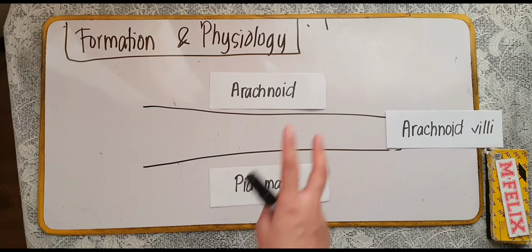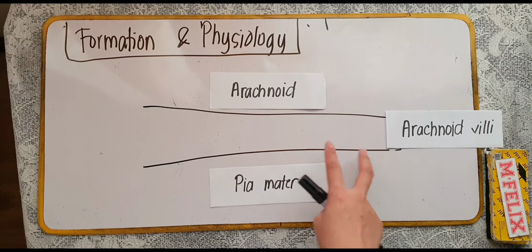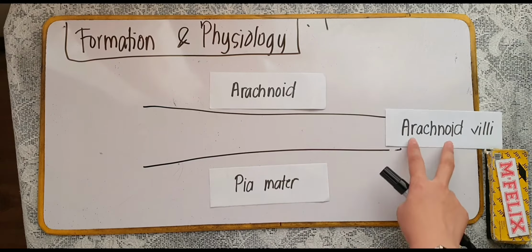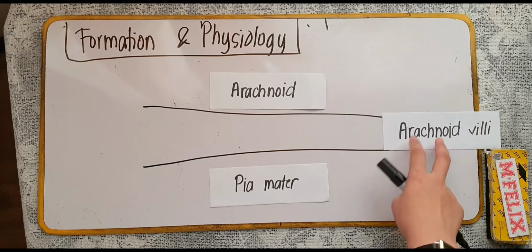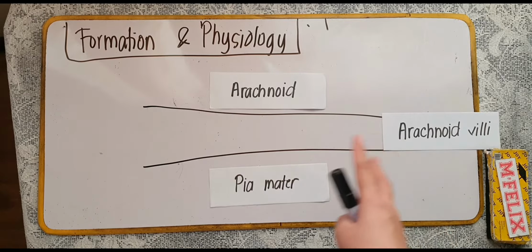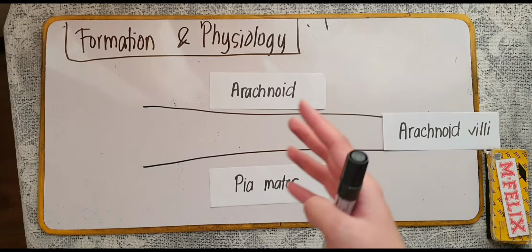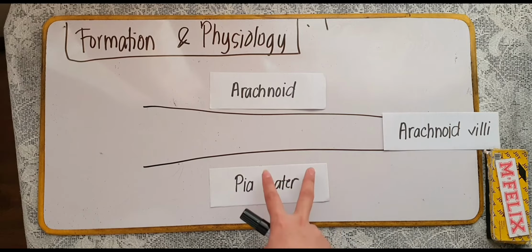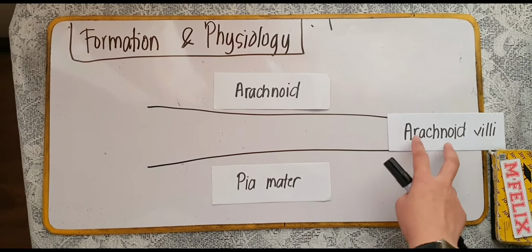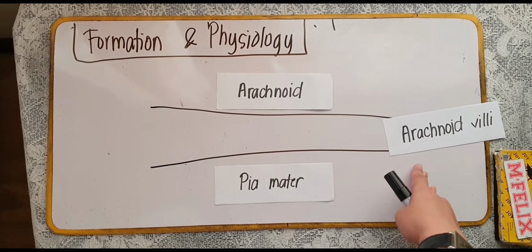Again, the fluid flowing in the subarachnoid space is reabsorbed back into the capillaries of the arachnoid granulations or villi, as we call them. It is being reabsorbed at a rate equal to its production. Class, don't forget that.